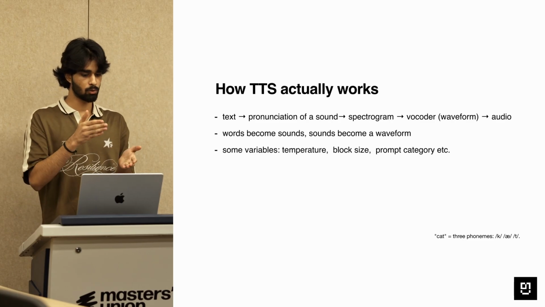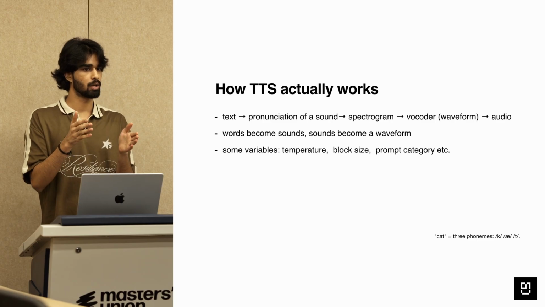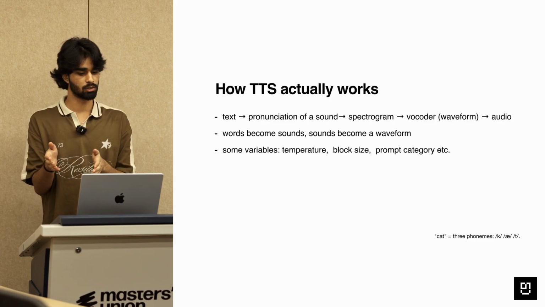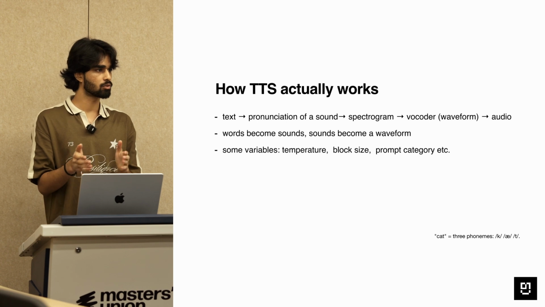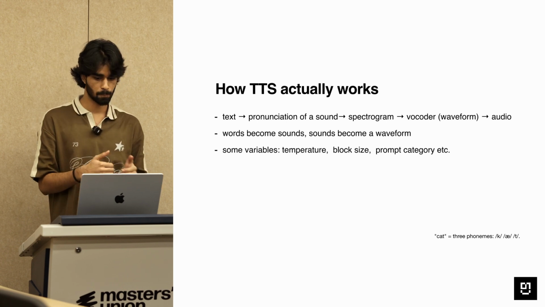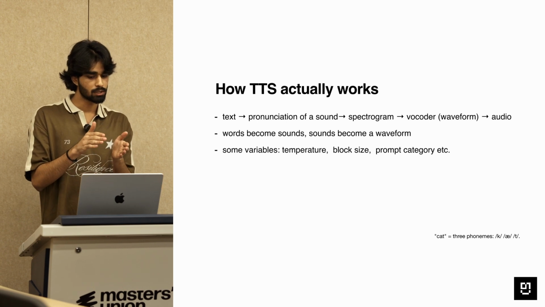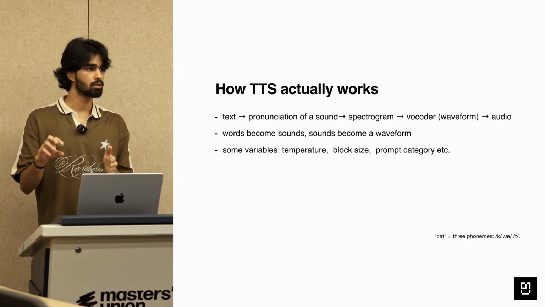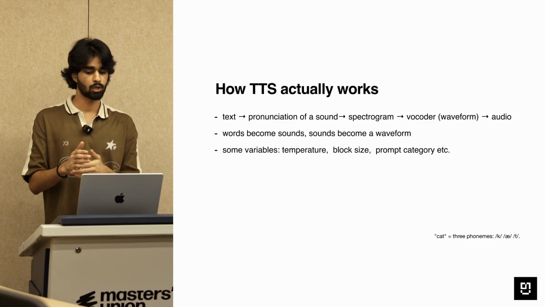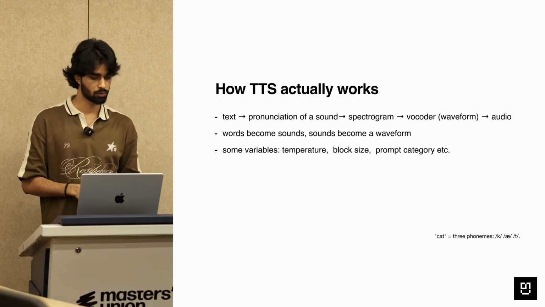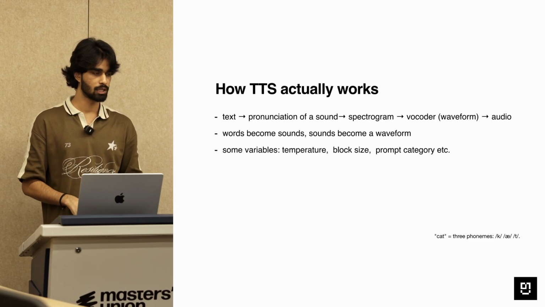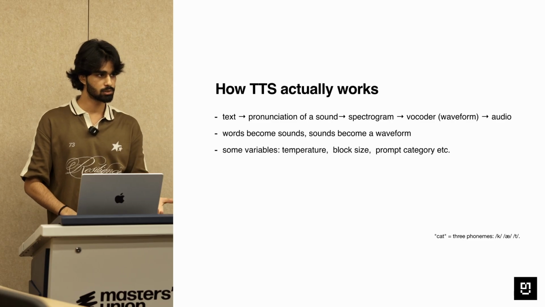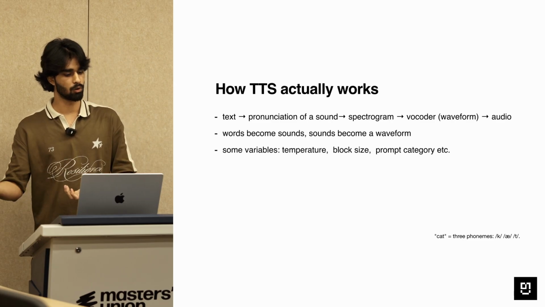This is how pronunciation comes when you're using a TTS model. Different models work differently. Then that sound creates a spectrogram, and then the spectrogram is sent to a vocoder, which outputs a waveform, which is just the audio of it. So this is basically how Kokoro works. In simple words, words become sound, sound becomes a waveform.